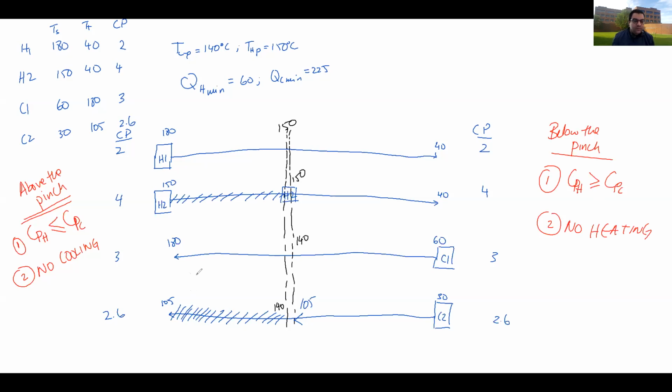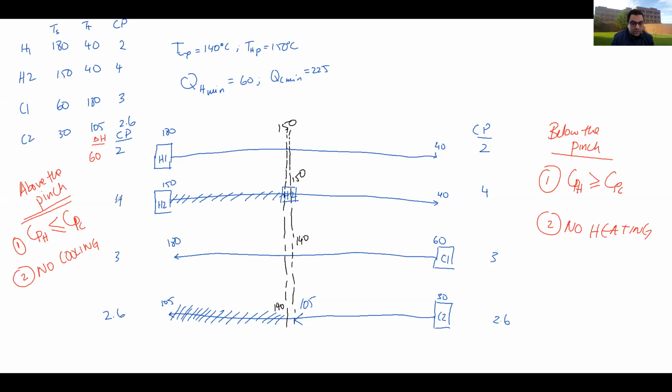So before starting anything, what I like to do is calculate the delta H's. Gives me a general idea of what I want to do. So for H1, I need to go above the pinch, 180 to 150. That's 30 multiplied by 2. So delta H for this guy is 60, right? You can add a delta H here if you want. 180 minus 150, 30 by 2 is 60.